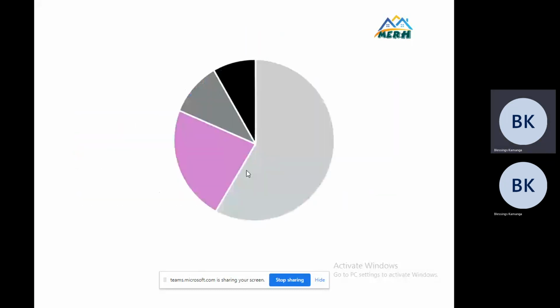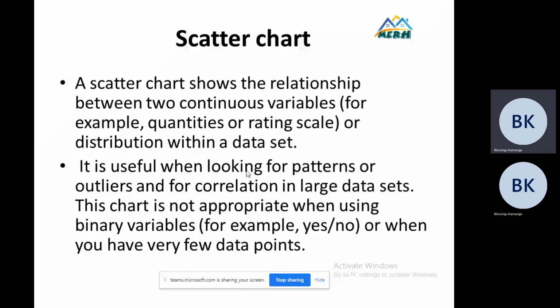And then you have a scatter chart. A scatter chart shows the relationship between two continuous variables, for example, quantities or rating scale or distribution within a data set. So a scatter plot is basically two variables or quantities, and they are usually applied across time.